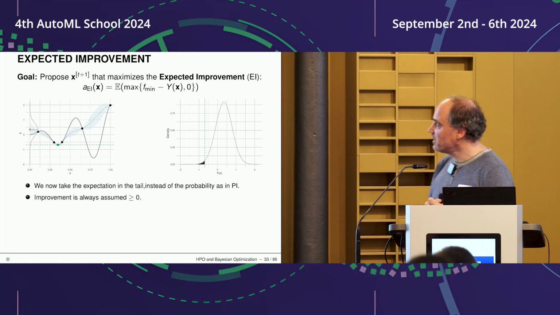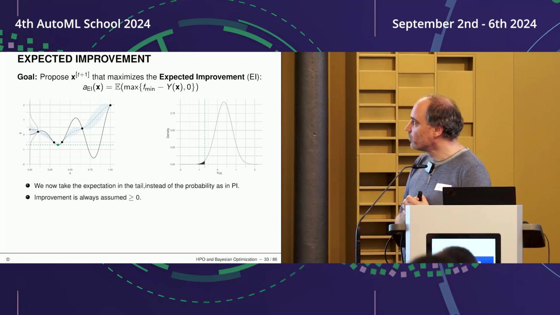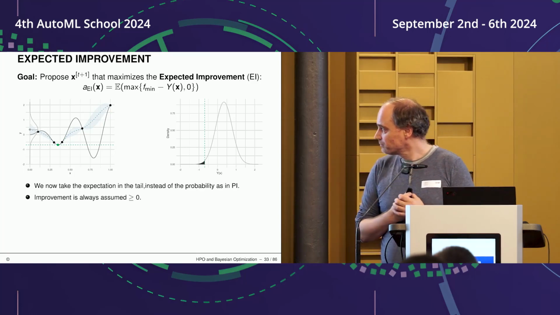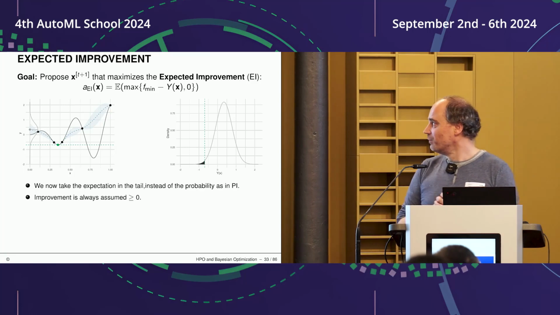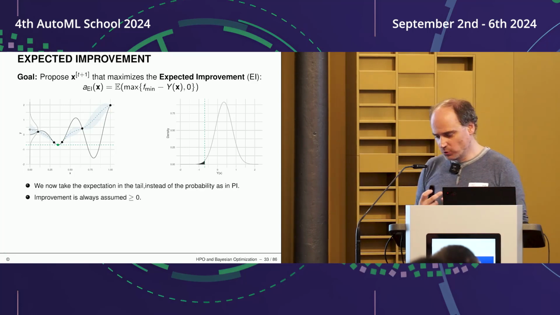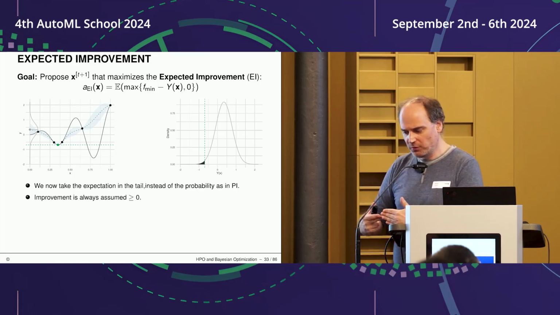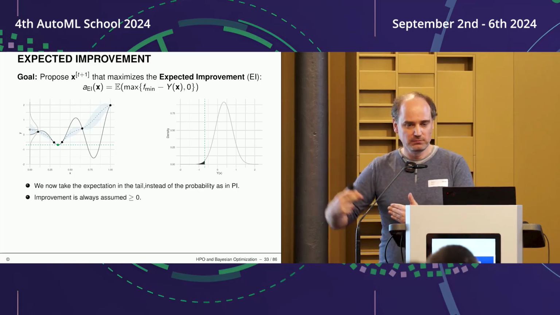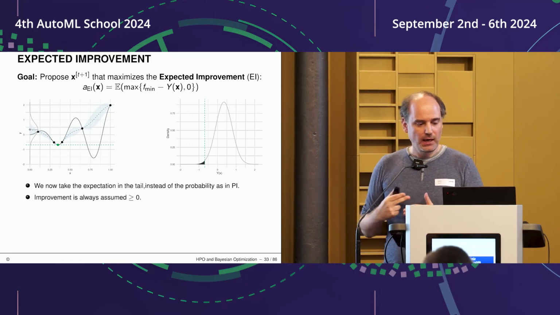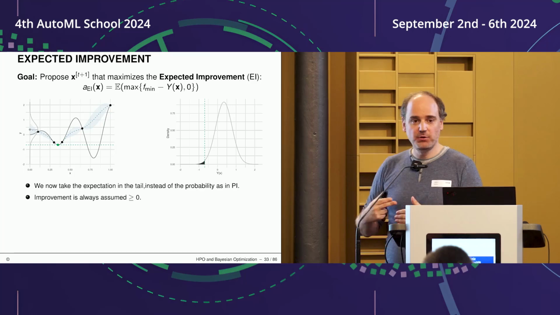Okay, and the last acquisition function is, I guess, the most used, most popular one, expected improvement. So how does that look? The idea is to compute the expected value of how much we progress on y, in terms of performance, when we evaluate at x.